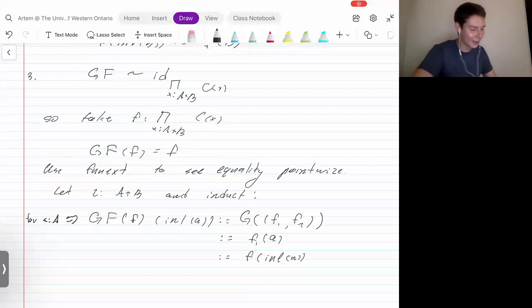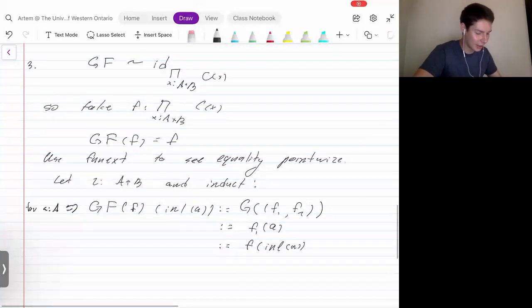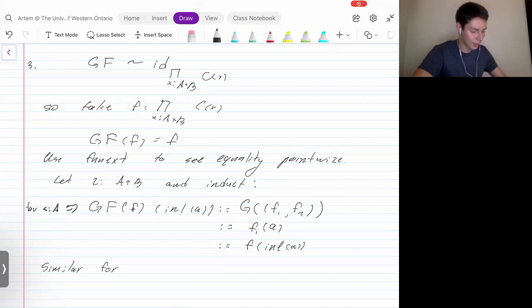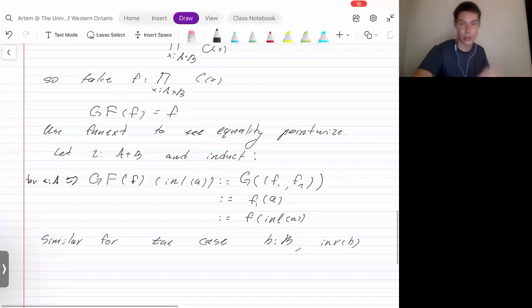So, I'm going to say it's similar for the case in B, in right B. So it's going to be basically the same computation.